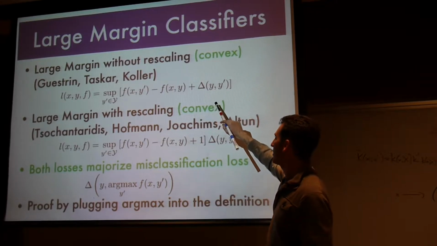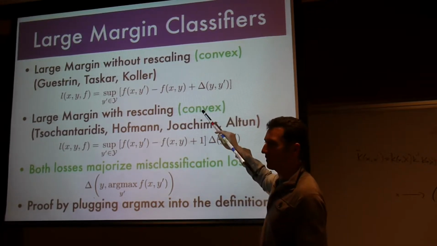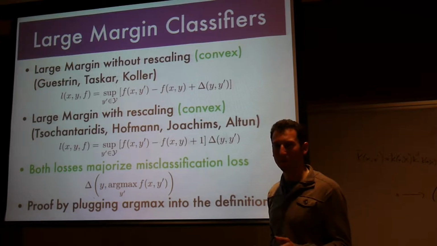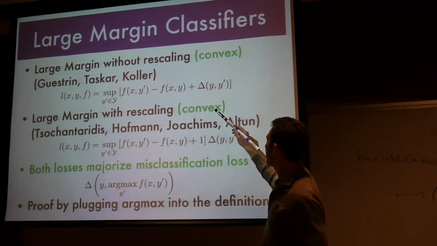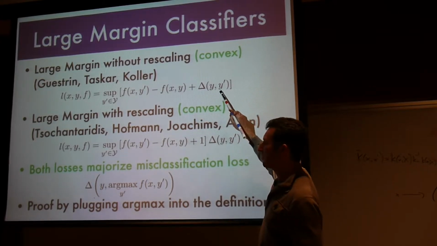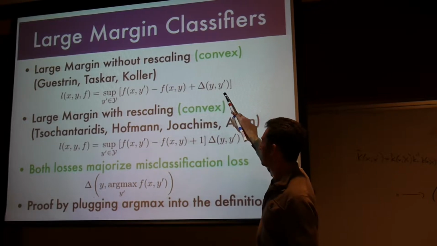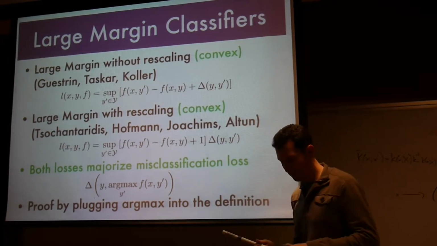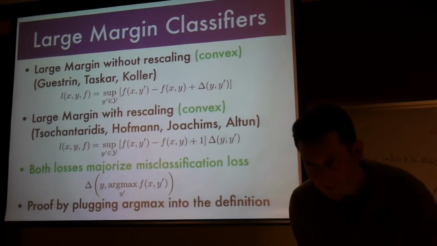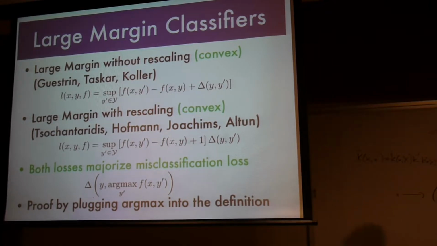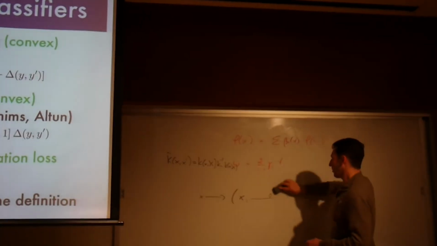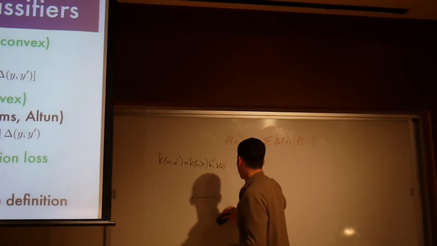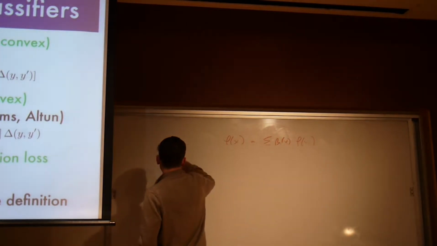In this case, essentially y can take on only two different values, namely 1 and minus 1, and delta of y and y prime is 1 if the labels disagree and 0 otherwise. Let's just rewrite it. So what is delta? Delta is my loss, and in the binary classification problem, that's just 0, 1, let's say.